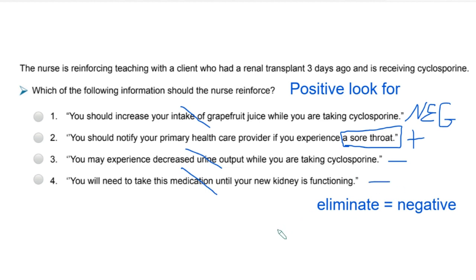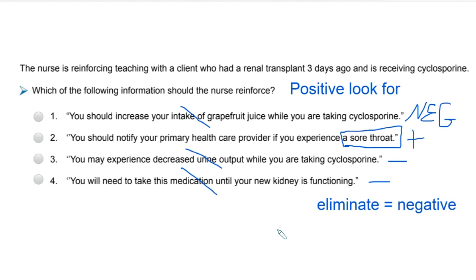3 and 4 sounds okay, but it's a surface type of response. And remember, is that something you want to say to a patient? You want to put this in a context of, is this just a statement, or am I teaching the patient what they should do? 3 and 4 really doesn't teach them. It sounds like it's expected that they're going to come off the med when the kidney starts to work. And it sounds like, yeah, when your urine output is decreasing, you may experience that.